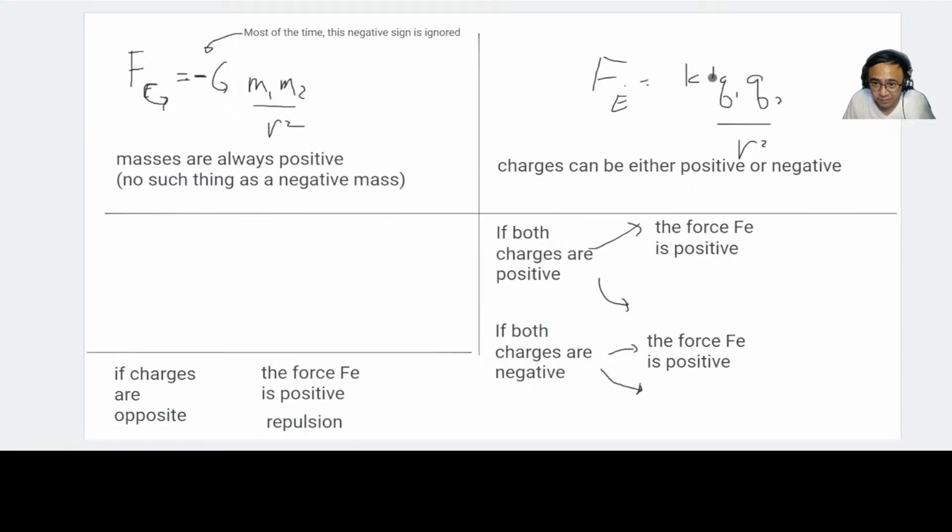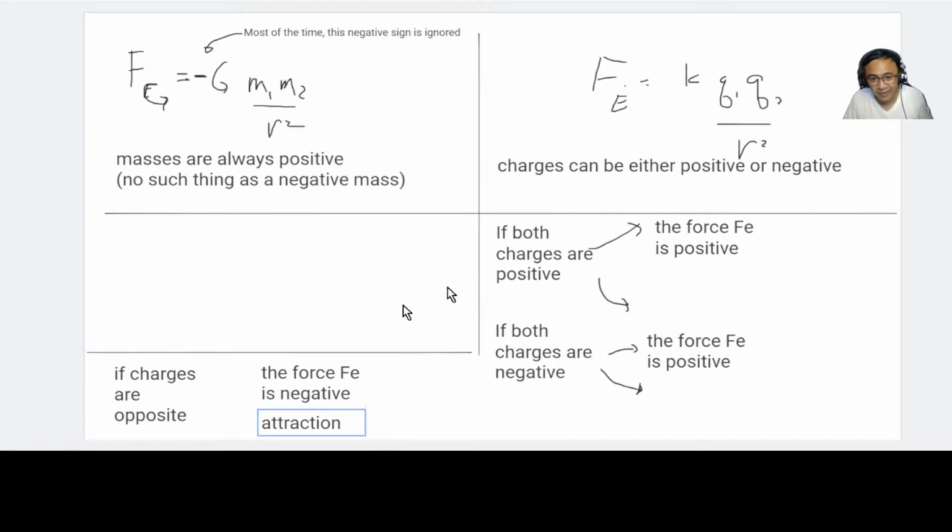So if this charge was positive and this charge is negative, what kind of number would we get? Do you add it up or no? You multiply them. Oh, the negative. So this is going to be negative, right? And what happens as well? Attraction, right? When opposite charges are together, they move towards each other, they attract each other, right?